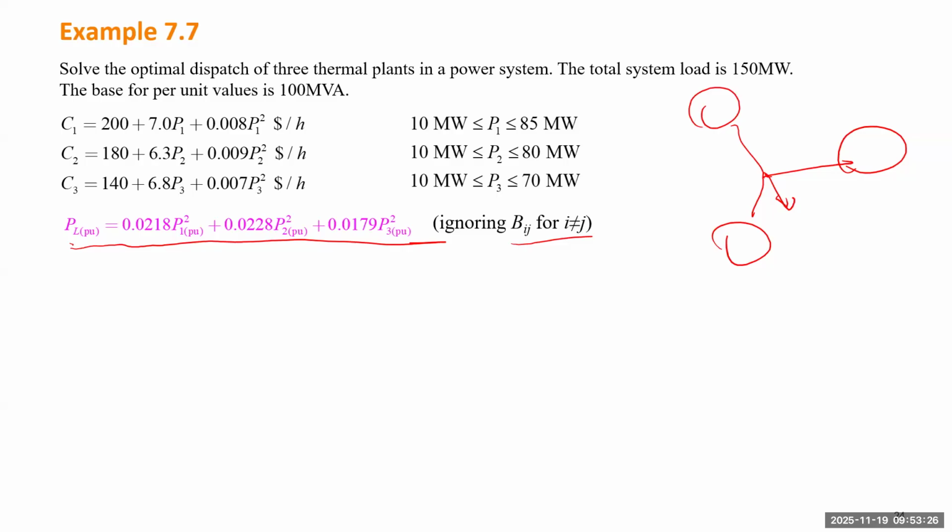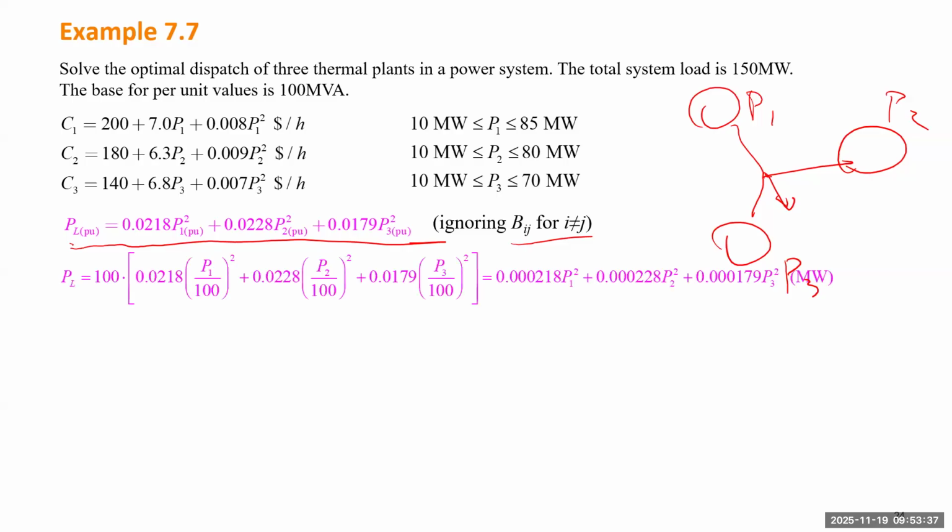So transmission loss only depends on each generator output individually, not their total power. That formula is actually in per unit. We can translate it into megawatts by multiplying by the 100 MVA base value, so the formula will be in megawatts, which is more straightforward.